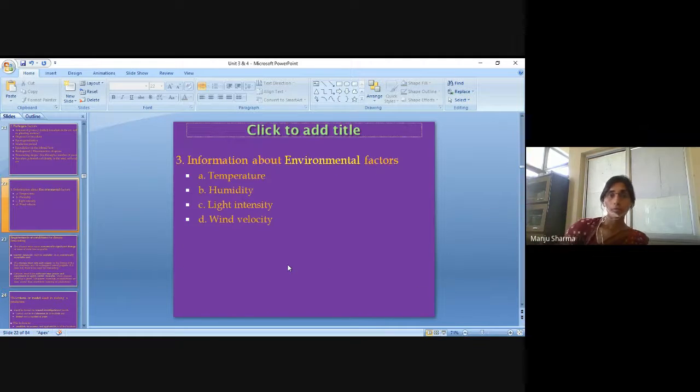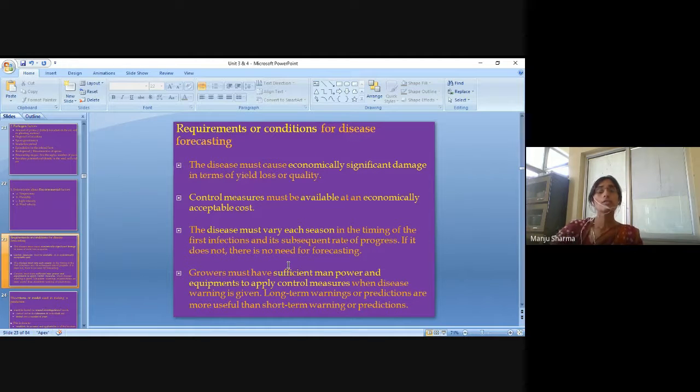Now, requirements or conditions for disease forecasting. The disease must cause economically significant damage in terms of yield loss or quality.